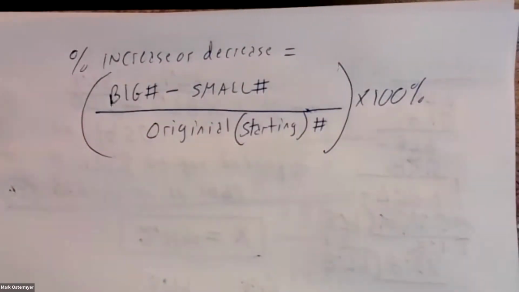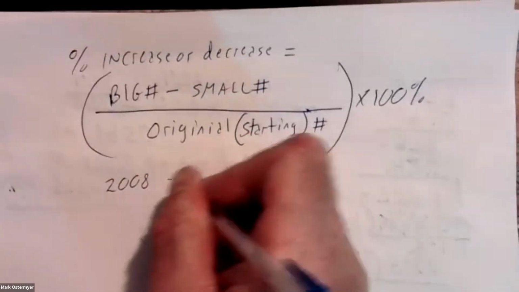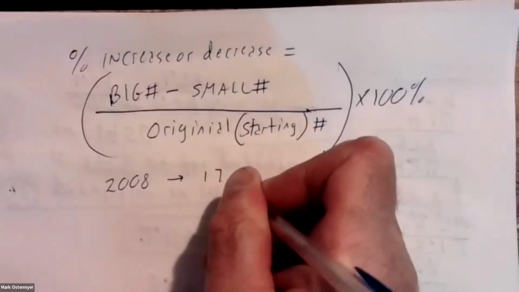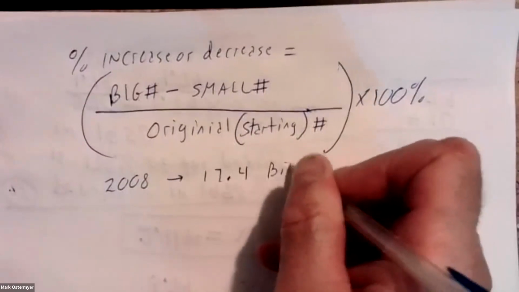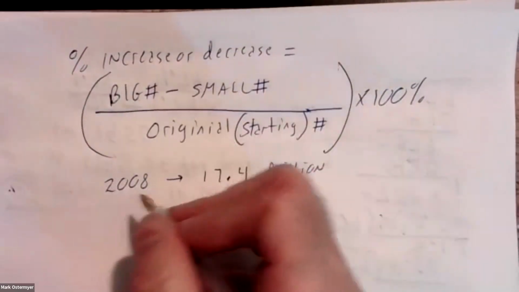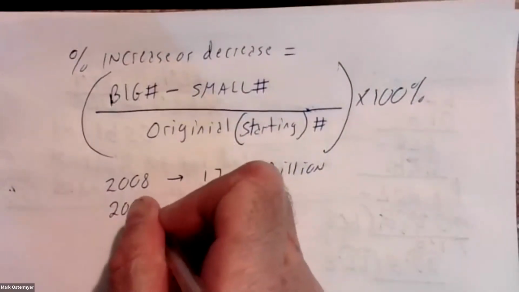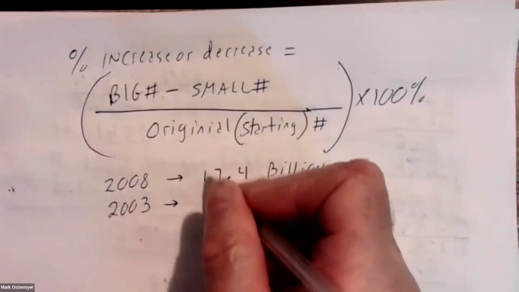In 2008, there's projected to be 17.4 billion in sales. In 2003, there were only 3.7 billion.